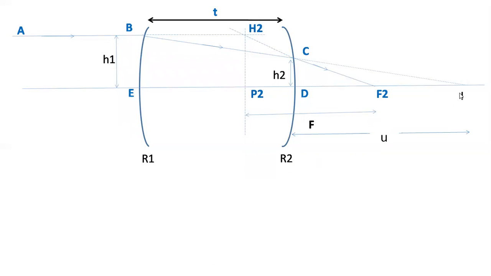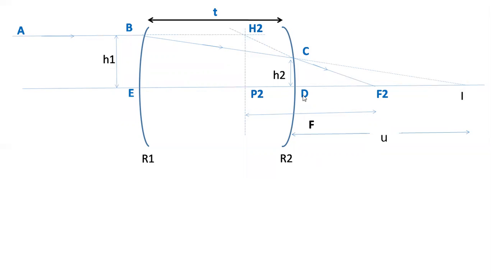Remember, I is the image formed by the first surface, and it acts as an object for the second spherical surface.